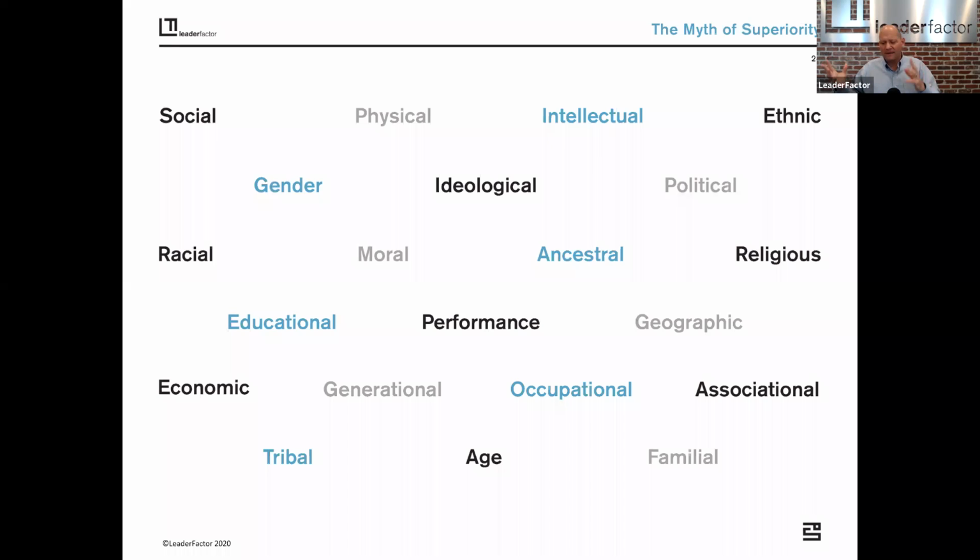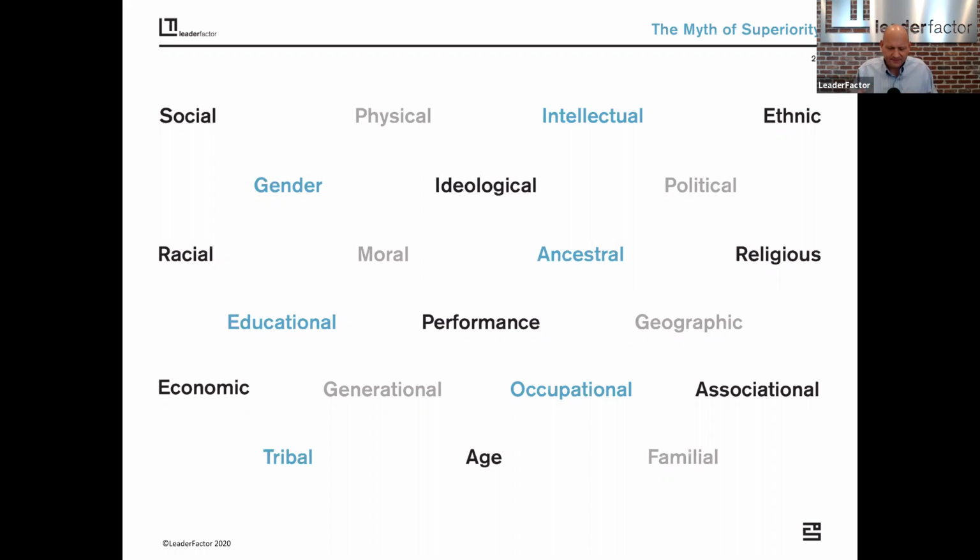So I want you to think about this in all of the social collectives that you may participate in, not just at work, but it could be at school, it could be a civic organization, it could be at home. The myth of superiority is perpetuated based on many, many factors, right? And we've all used some of these factors in one way or another in an inappropriate way. We all have. And we've also had these used on us in inappropriate ways.